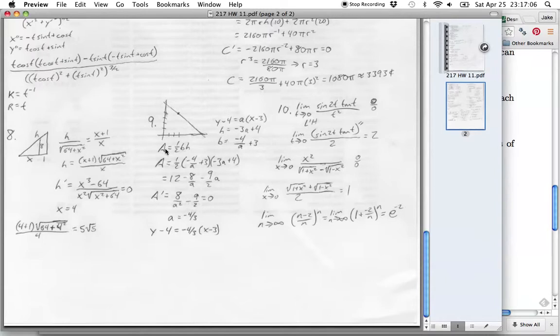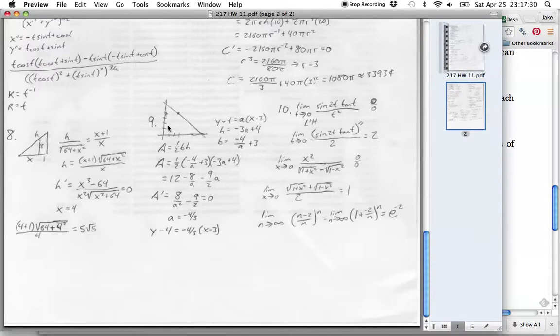Well, I know that the area of a triangle is 1/2 base times the height, and I know that the equation of this line goes through 3, 4. I just don't know what the slope is. I'm trying to figure out what the best slope is. So I called that A. Maybe I could have called it M, but I called it A. Anyway, so now I can find the height.